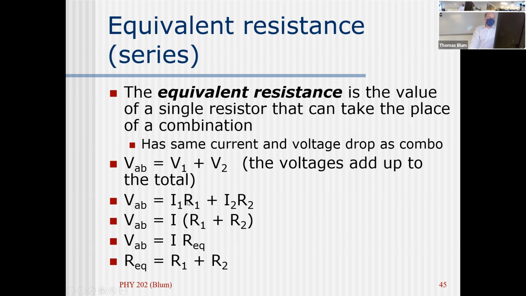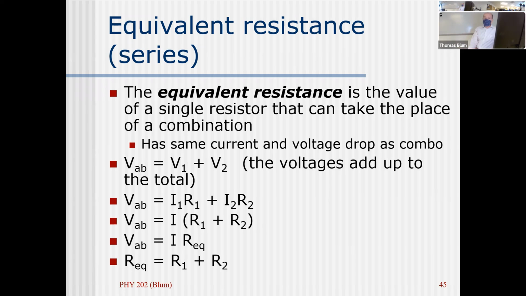I replace V's using Ohm's law. We note that they were in series, so these currents are the same, so I can factor the current out. And now I have that the voltage is equal to I times (R1 plus R2). I'm going to call R1 plus R2 an equivalent resistance.